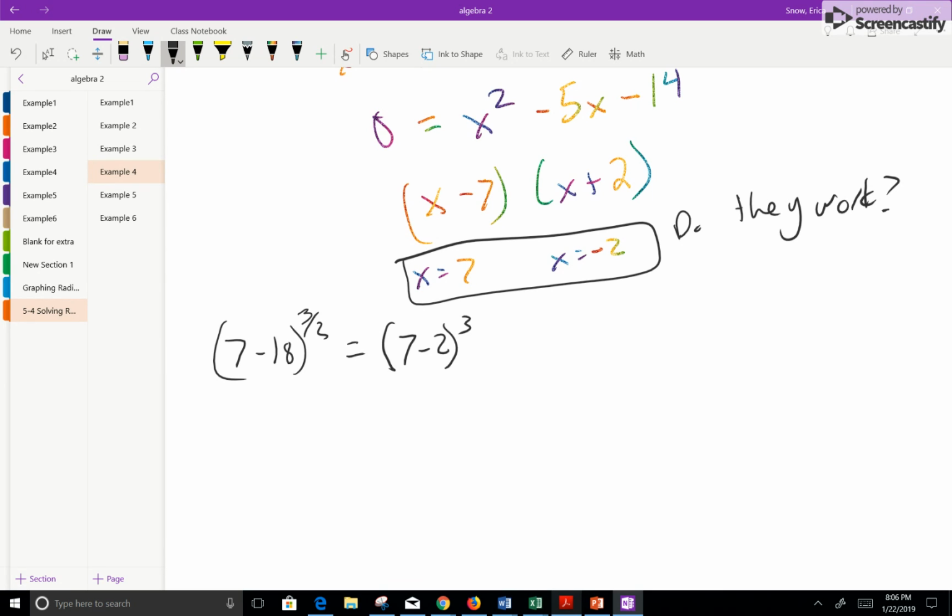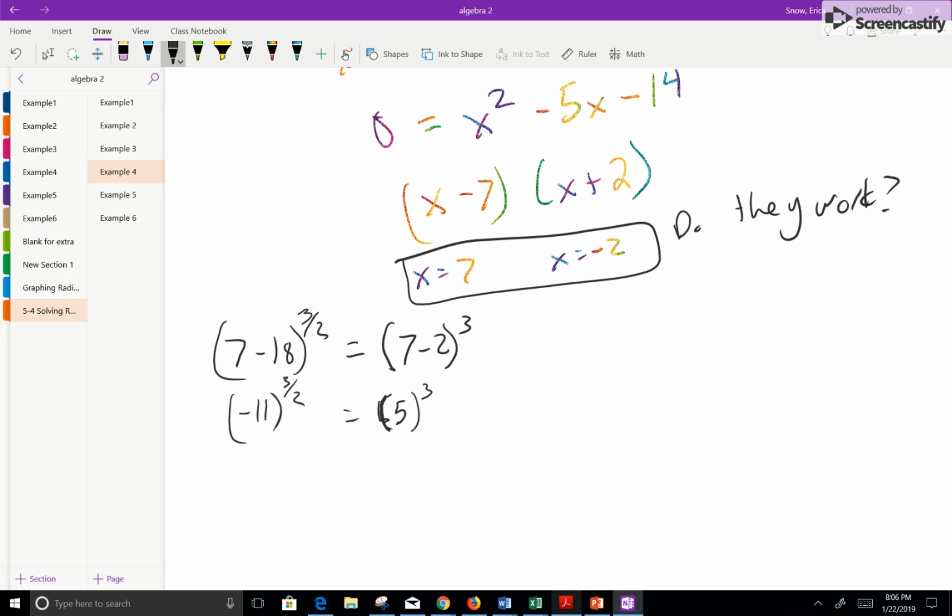So 7 minus 18 is going to be -11 to the 3/2 equals 5 cubed.